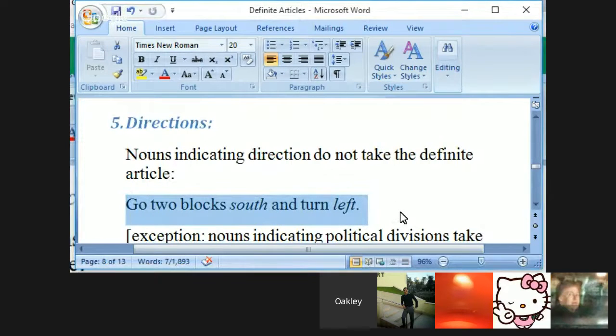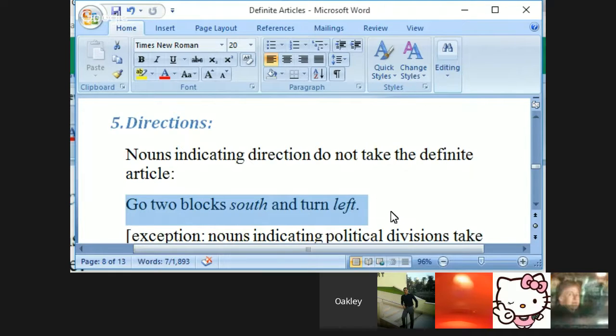So give me as simple a sentence as you can. Okay. Give me directions a little bit. Heidi, I don't know, directions to something near you. A neighborhood market or... Go pick something.